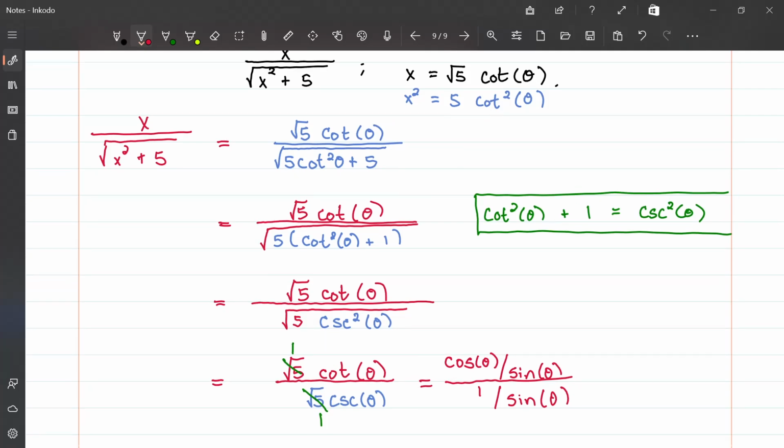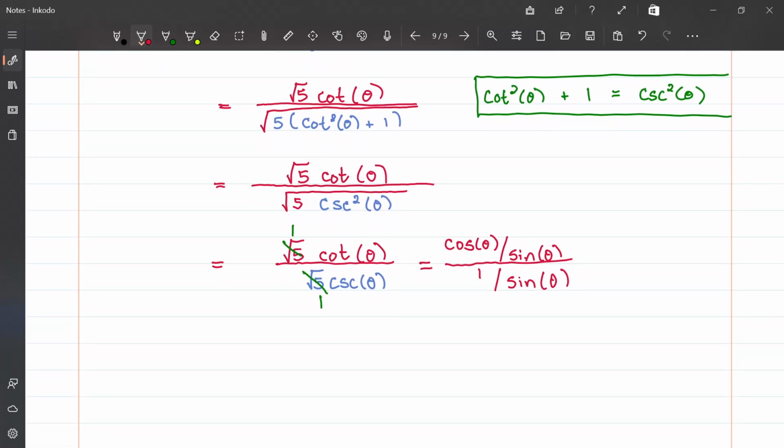Here's our opportunity. See, when we have a fraction like this one, and the bottom is also a fraction, this is called a compound fraction situation, we can resolve the division that's going on by simply taking the top of the compound fraction, which would be cosine of theta over sine theta, and multiplying it by the reciprocal of the denominator, which in our case would be sine theta over 1.